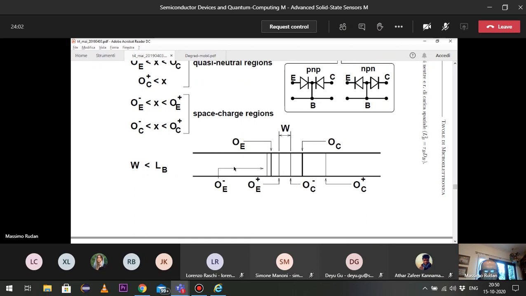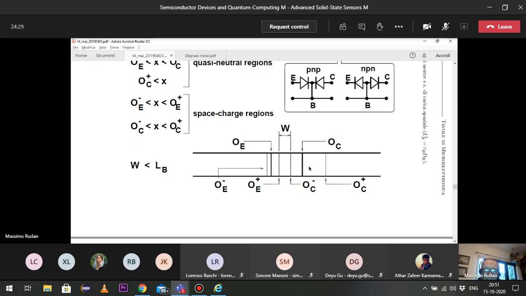You see from this picture here that in the emitter region, the extension of the space charge region is somewhat small. Okay, OE minus is very close to OE, and OE plus is almost relatively close to OE.